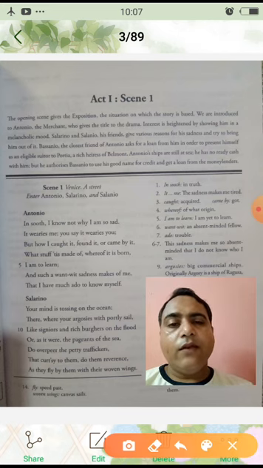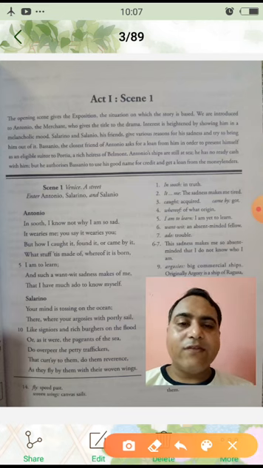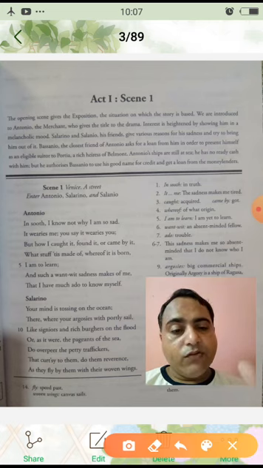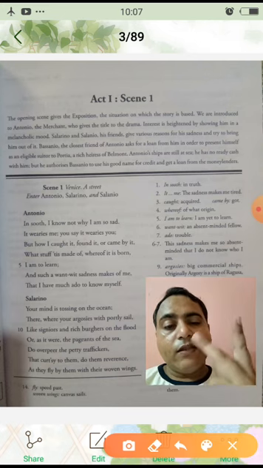Then Salarino and Salanio, his friends. As we read in the characters of the play, Salarino and Salanio are his friends. They give various reasons for his sadness and try to bring him out of it. So in this first scene, who all are there? Antonio, Salarino, and Salanio.